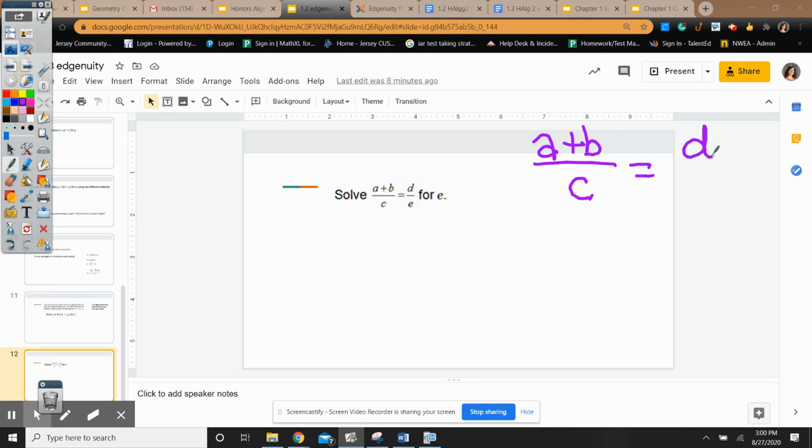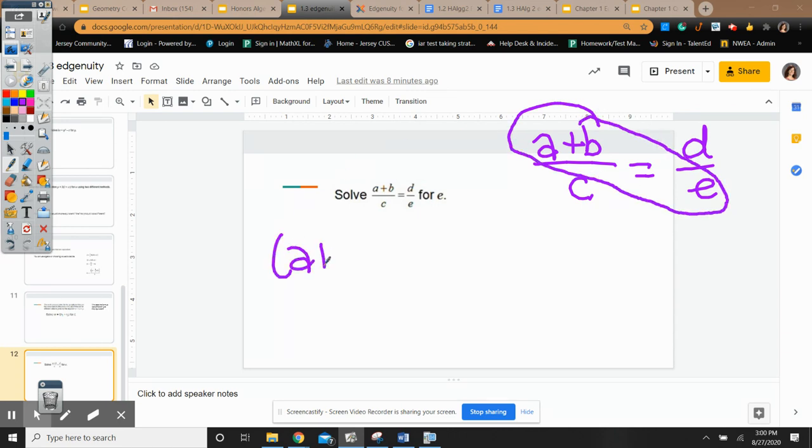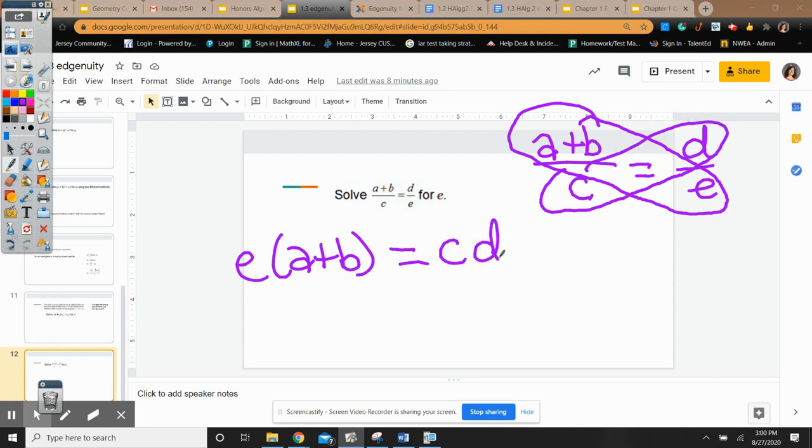What we're going to do is cross multiply. So the product of the means equals the product of the extremes. This a plus b times e, I'll put the e in front, has to equal CD. If you have a proportion, the cross products are equal. That's because it's saying a fraction equals another fraction.